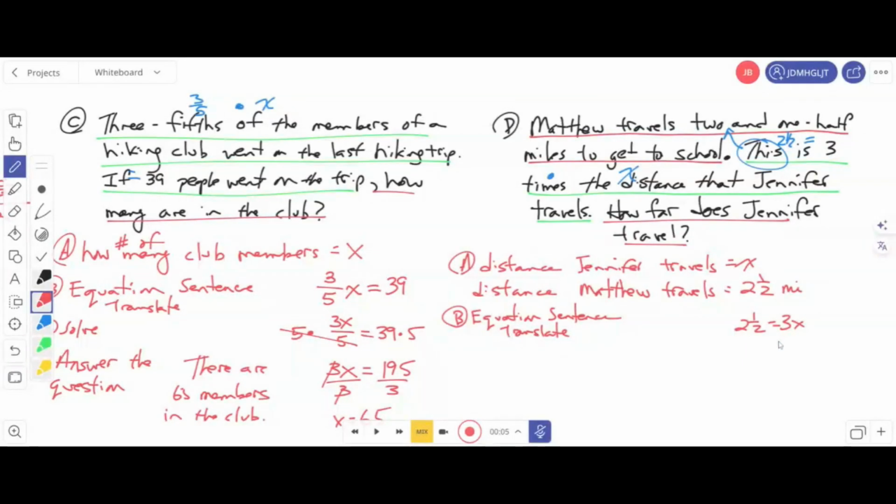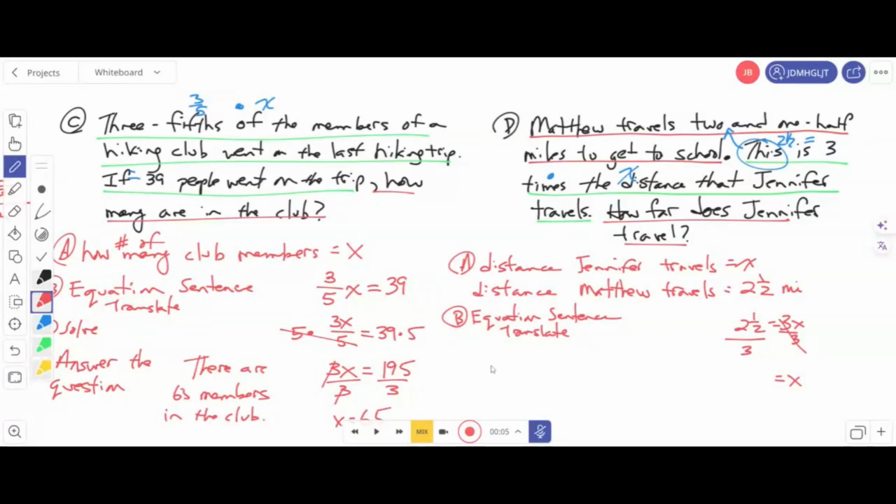We can do this a couple of ways. No parentheses, no combining like terms. We don't have variables on both sides. This is the only variable term. There's nothing to subtract or add. So I need to divide by 3 and divide by 3. This is 2.5 divided by 3.